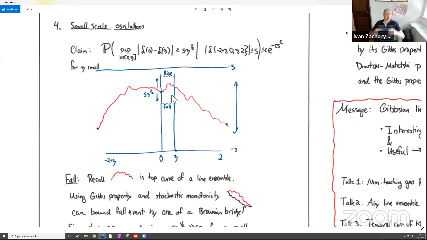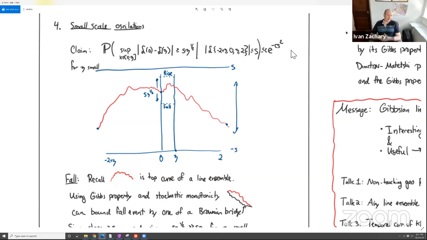And a Brownian bridge between some reasonable height and some reasonable height on an interval of 0, 2, reasonable meaning between -S and S, the slope of that is at most S. And if you look at a Brownian bridge that has slope S, you can still argue that on a small 0 to eta interval, the probability that you decrease by more than S eta to the 1/2 is still Gaussianly small.